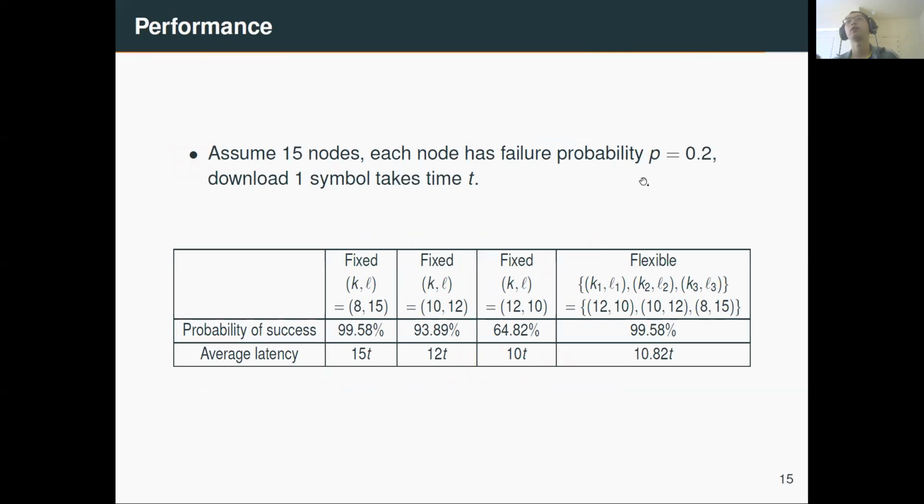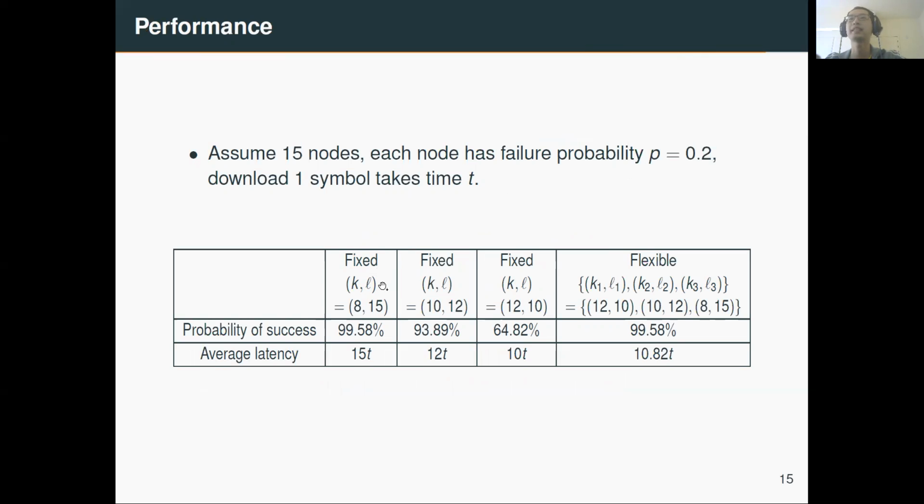Next, I will show how good our code is with respect to performance. In this case, we assume that we have 15 nodes, and each node has a failure probability of p equal to 0.2. And downloading one symbol takes time t. Here we can use a fixed partial MDS code.